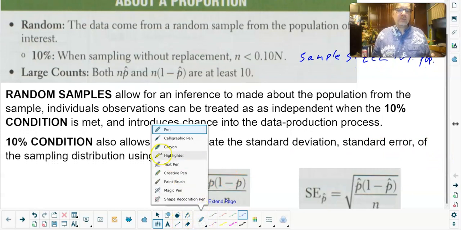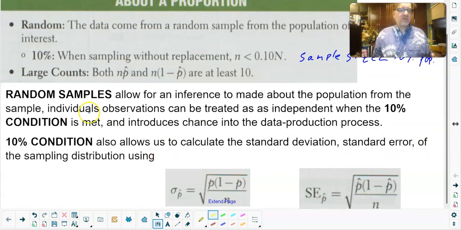Why do we care about these? Well, when our sample is random, we can make an inference about the population from that sample. So knowing a little bit about the whole group lets me then conclude about the whole group.